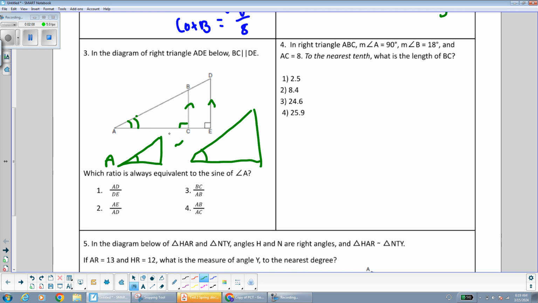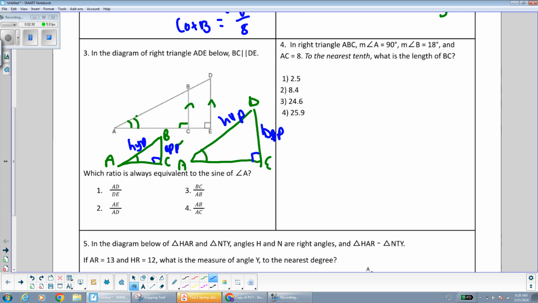So the small triangle is triangle ABC and the big triangle is triangle ADE. So on the small triangle, we have opposite and hypotenuse. And on the big triangle, we also have opposite and hypotenuse because these are the 90-degree angles.